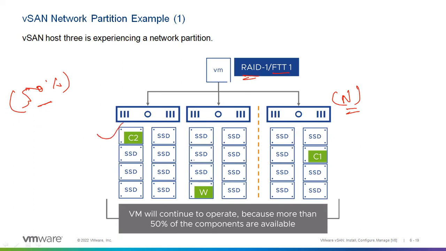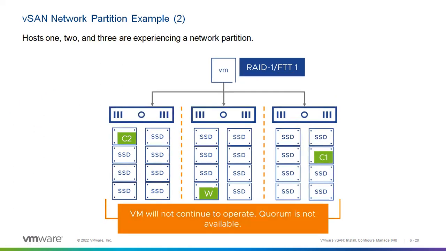Okay, got it. But if any two go, what happens? The VM will not continue to operate. Quorum is not available at all, because the nodes are in different partitions of the network.